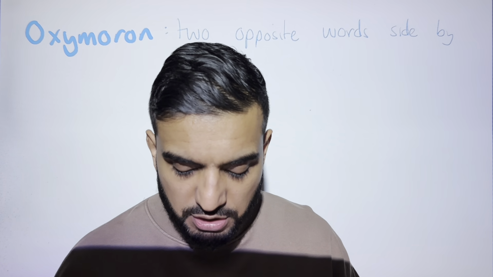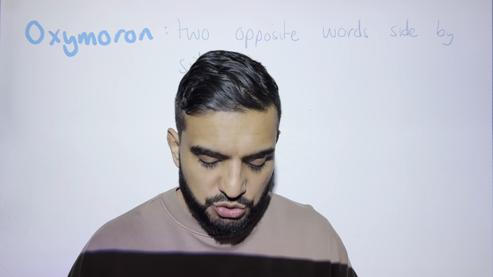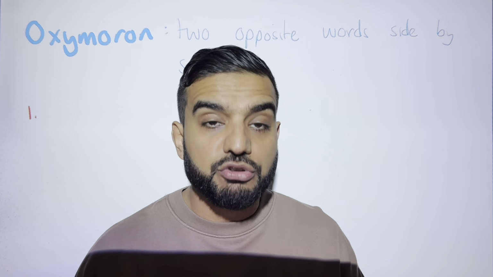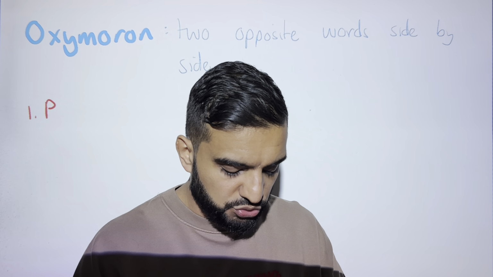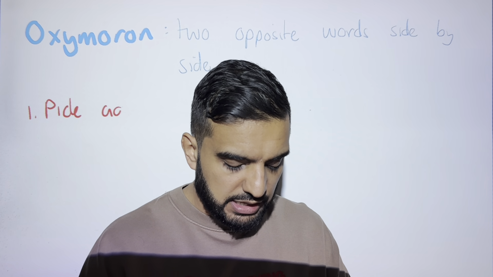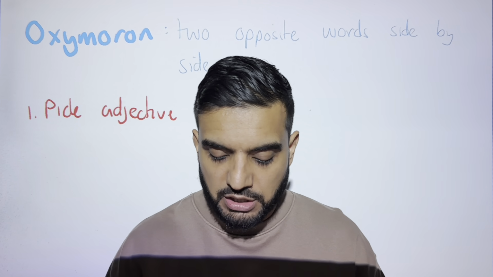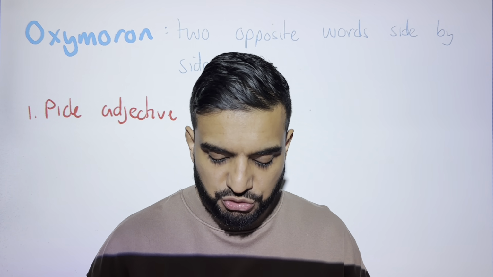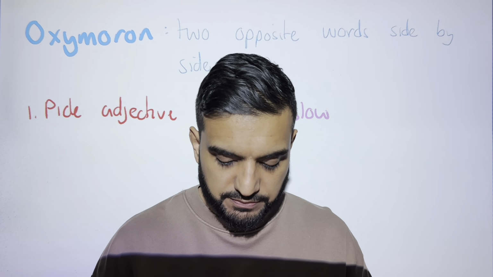Guys, behind me, I'm going to go through the step-by-step formula that I want you guys to use when it comes to creating an oxymoron. The first thing I want you all to do is to pick an adjective. Always pick an adjective. So for example, I'm going to choose the adjective slow.